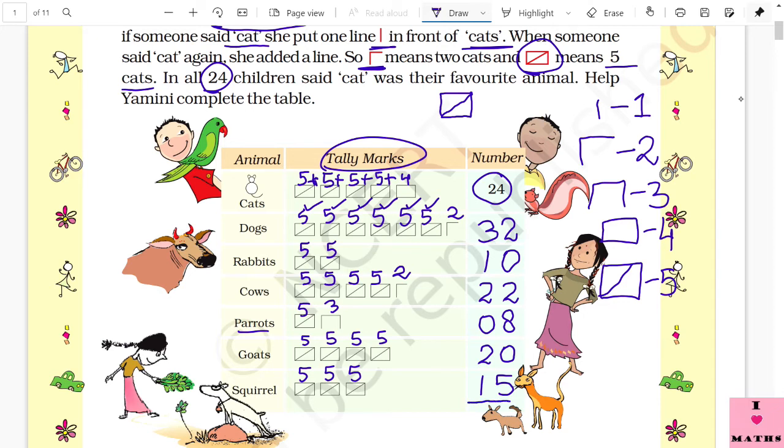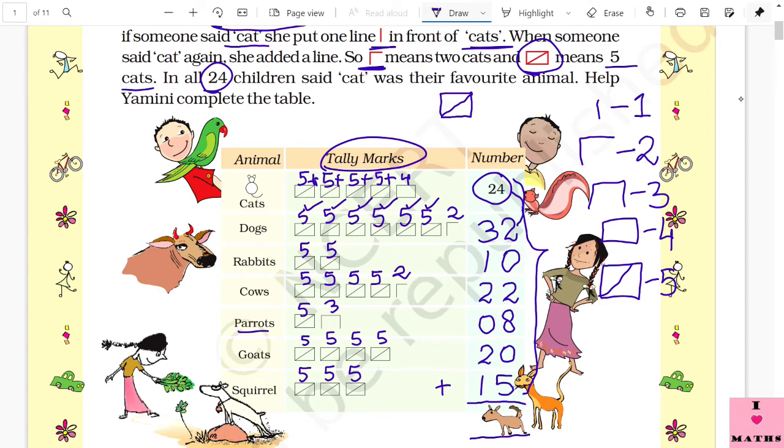We will add all these numbers. If we add all these numbers, we will come to know how many people she asked about their favorite animals. Okay, let us start adding.